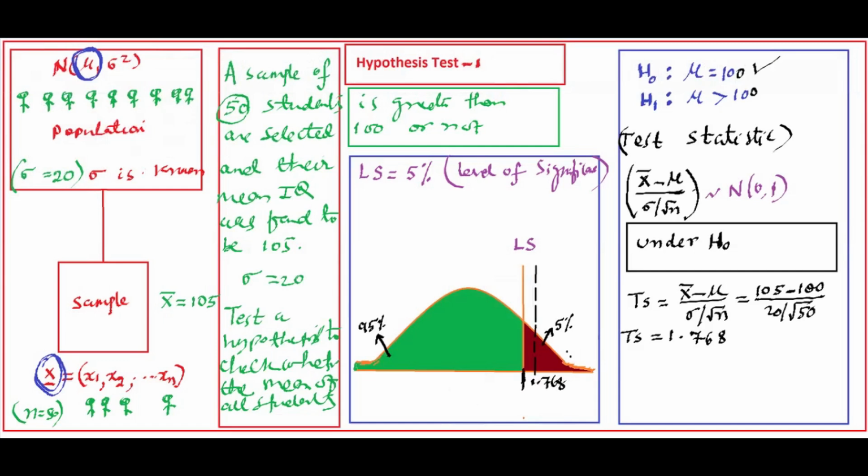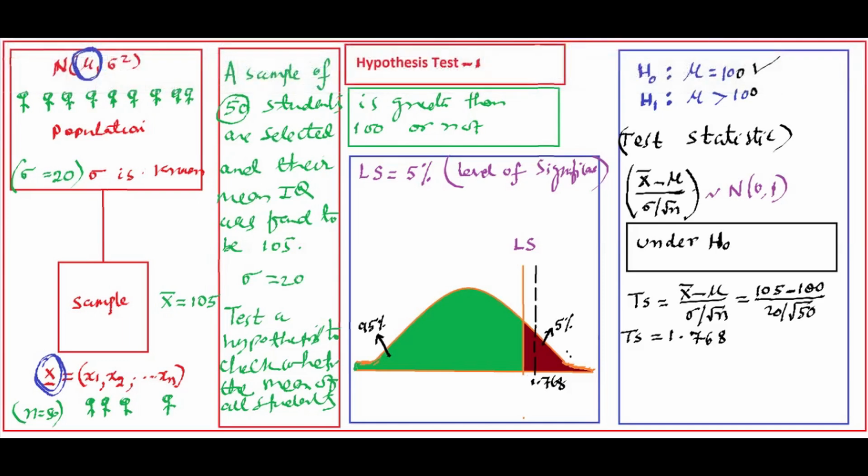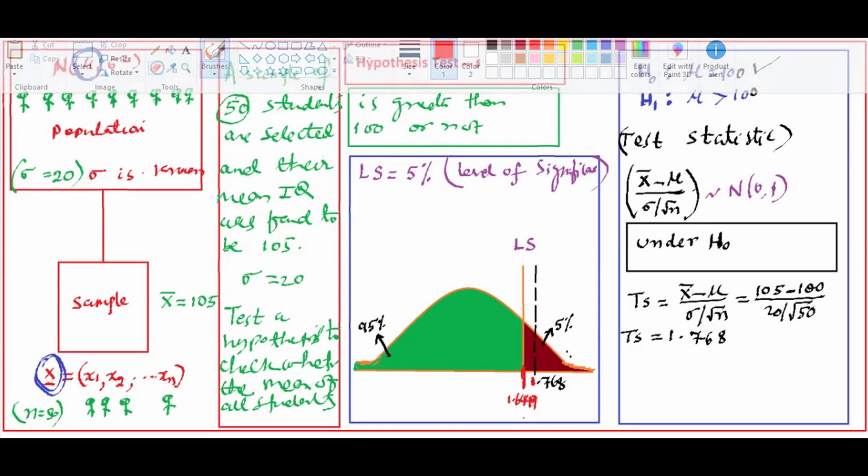This one is 1.6449. This number 1.6449. 1.7 is greater, that's why it's the right of this. Okay, this is your LS. Let me write once again.